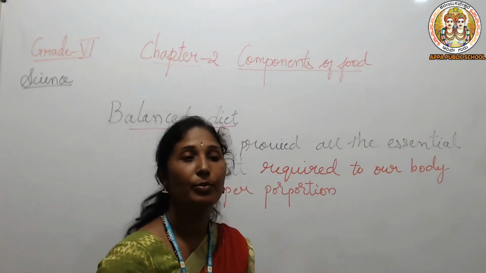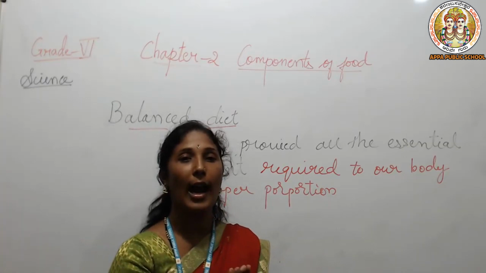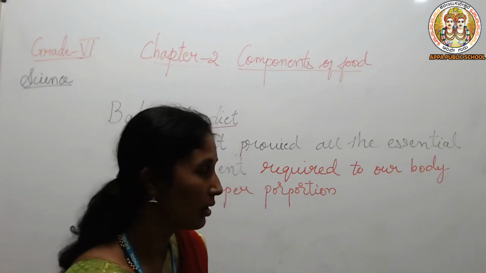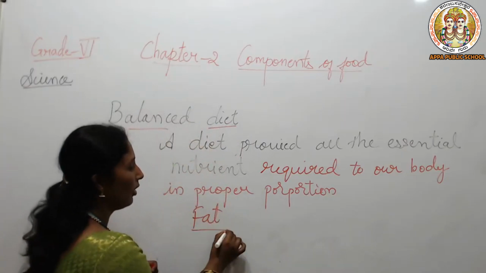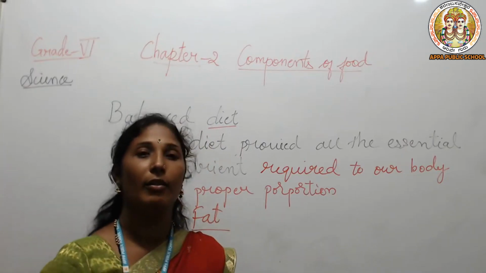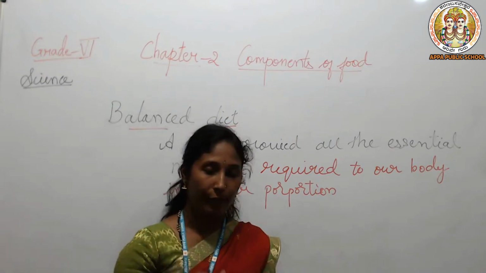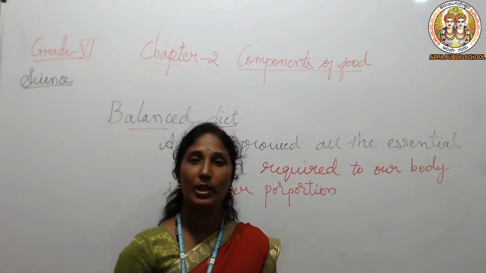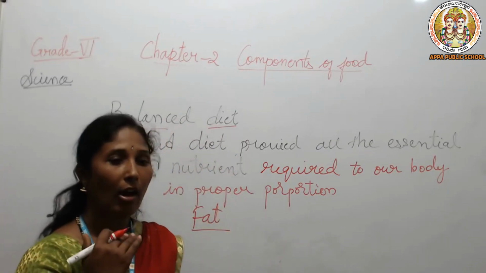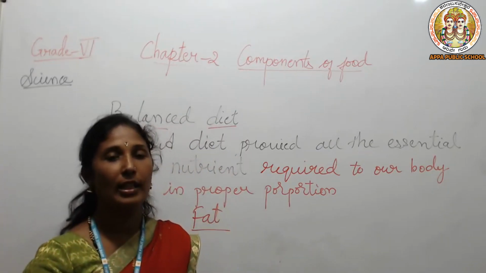Some people eat only one nutrient in their diet, like fat. In the morning they eat fat-containing food, in the afternoon also, and at night also the same fat. All three times continuously they are eating fat.